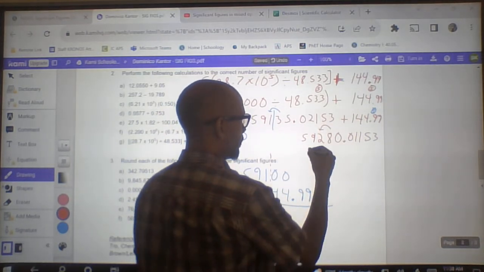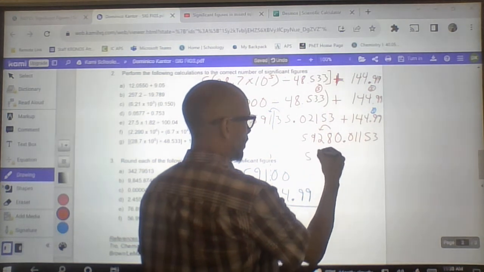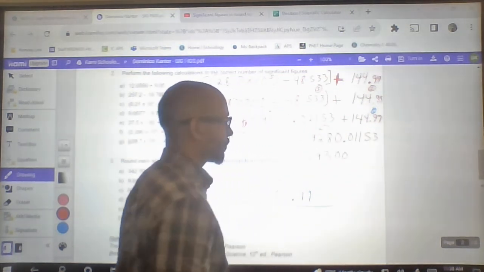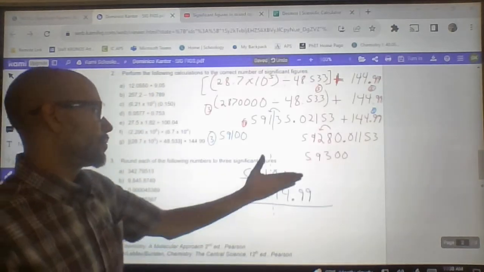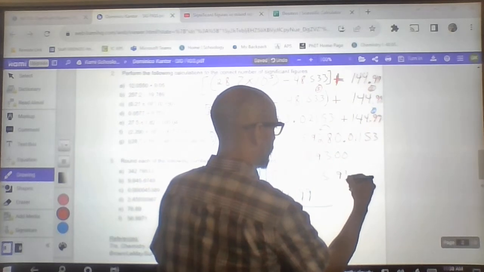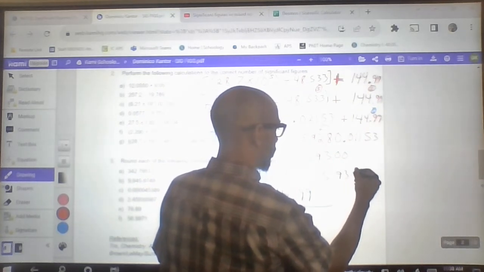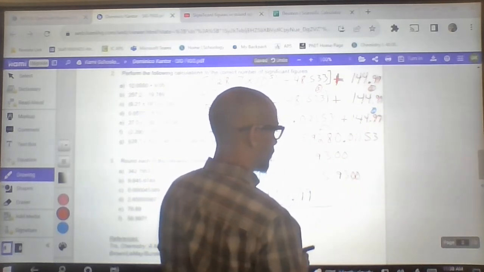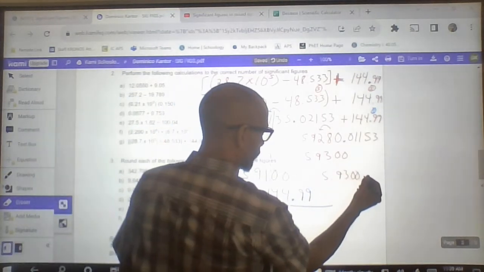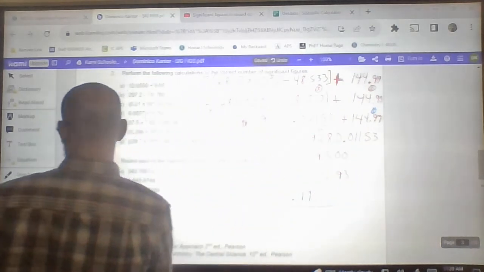So this will be 59300. If we want to put this back in scientific notation, 5.93, and we're going to keep the zeros for accuracy. Now we don't need those 2 zeros.